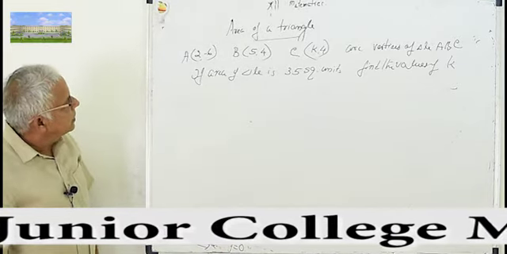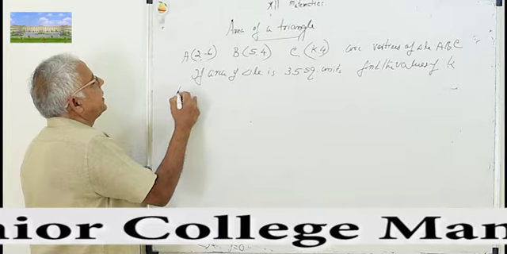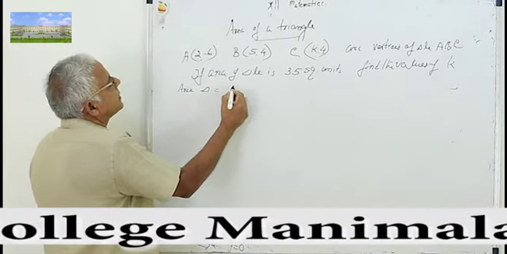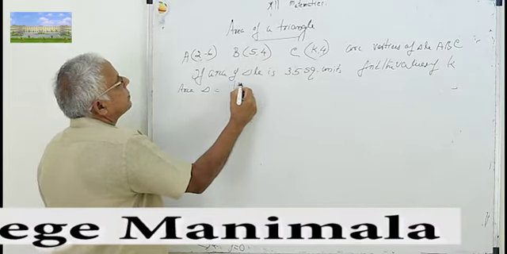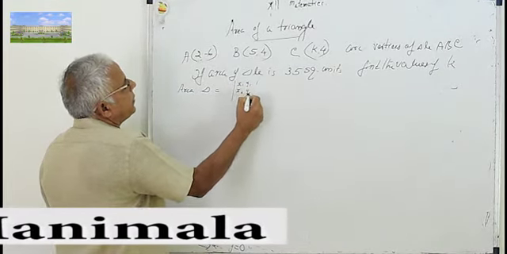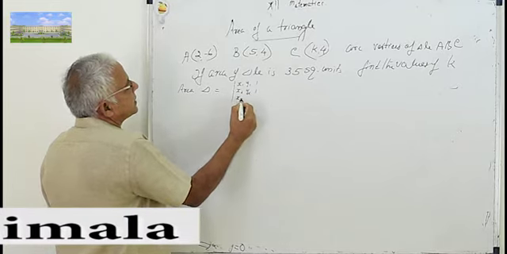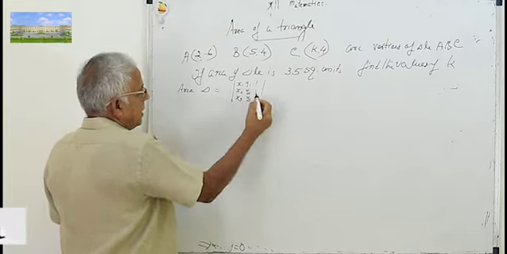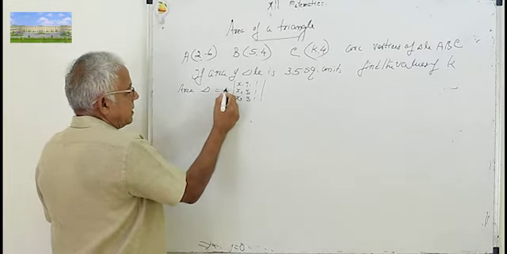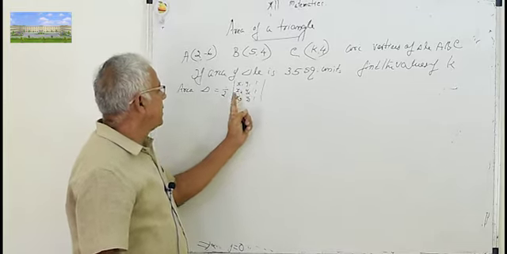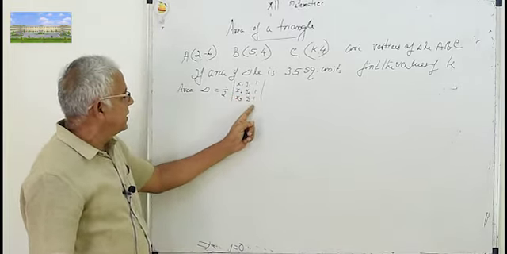So here the given area, delta, is equal to half into the determinant x1 y1 1, x2 y2 1, x3 y3 1.